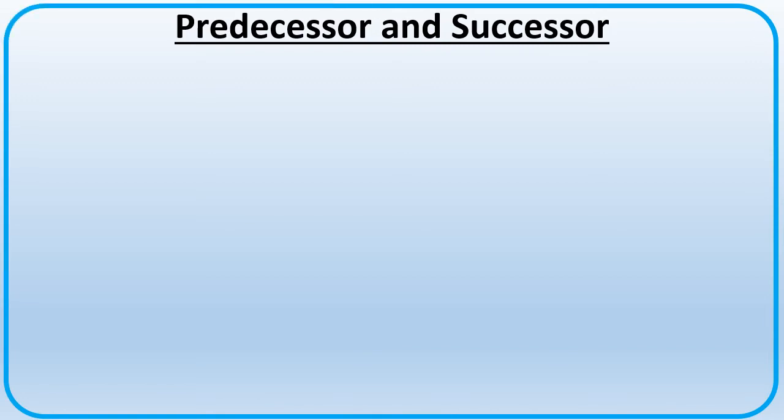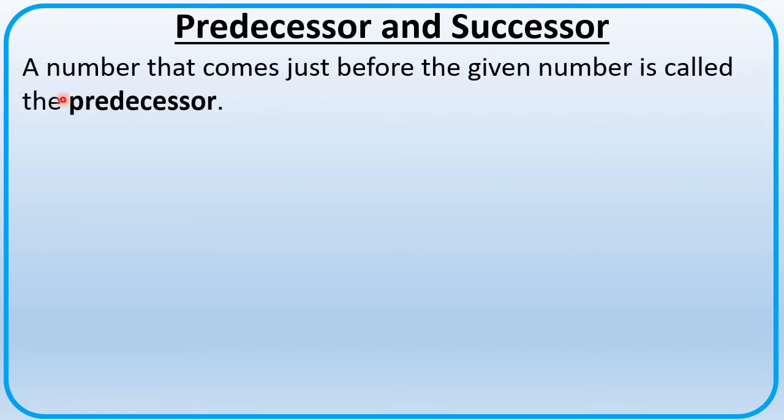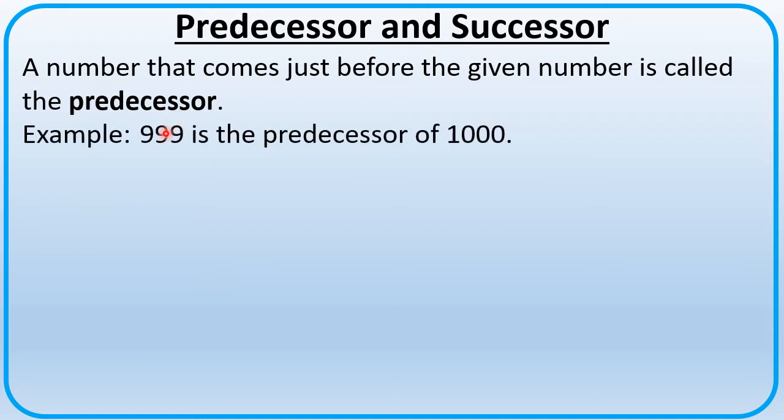Now let us understand the meanings of predecessor and successor. A number that comes just before the given number is called the predecessor. Example: 999 is the predecessor of 1000.